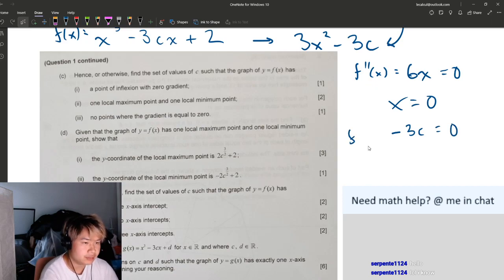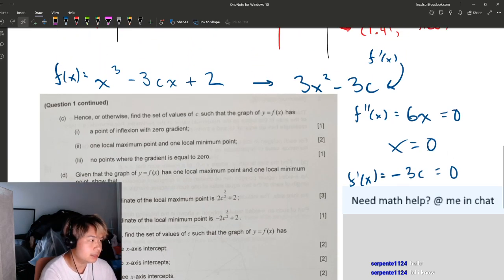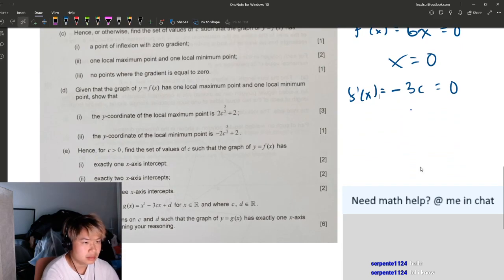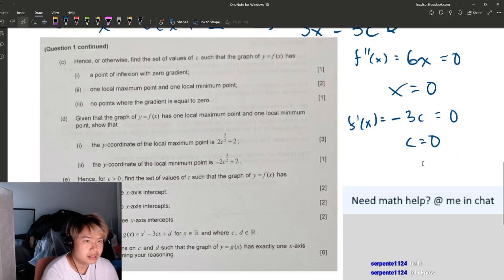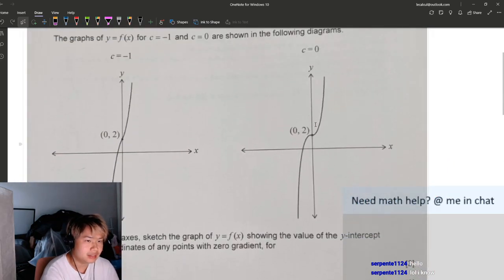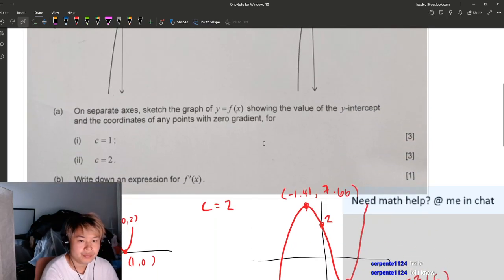So this is the first derivative, because I know its gradient is going to be 0 when x is 0. So I plug that into here, and then I'll have this. So c is 0. Great. I should have known this. It was right here. You can clearly see that has a gradient of 0, but it's also an inflection point. That's fine.